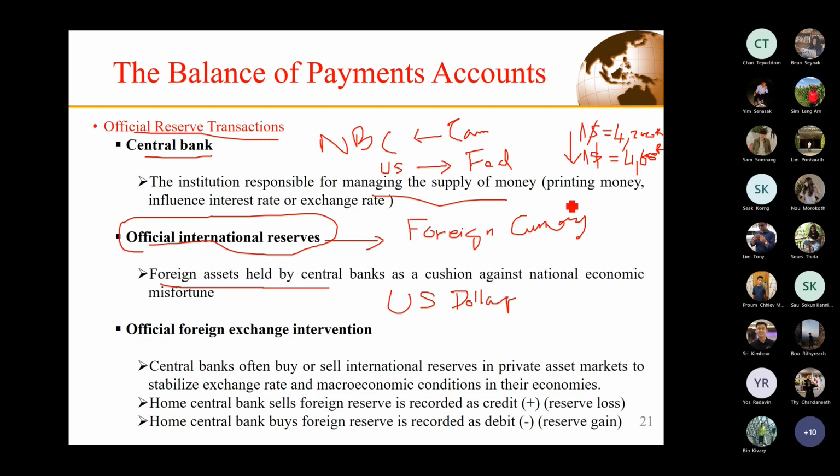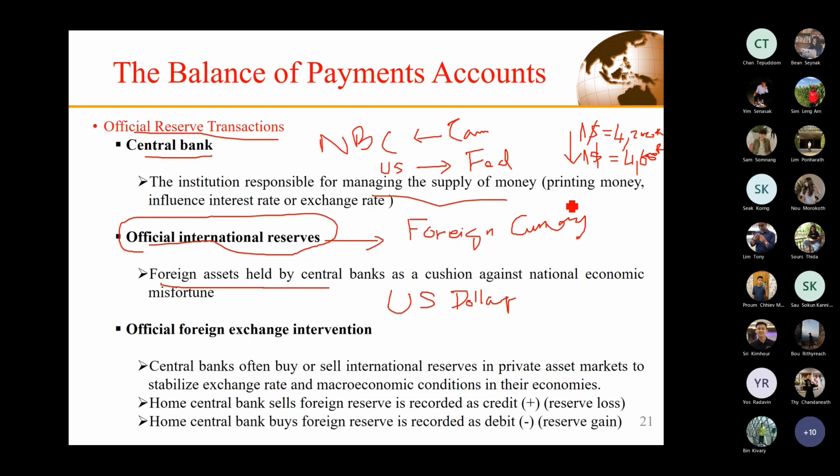The central bank may make an announcement that we are going to sell US dollars at a price of $1 equal to 4,000 riel. People are looking at the exchange rate on the market, and they find that if they buy the dollar from the central bank, they can buy at a much cheaper price. So everybody would want to buy that. So if the central bank has a lot of US dollar reserve, it can make the dollar cheaper. That's how the official international reserve is used by the central bank.